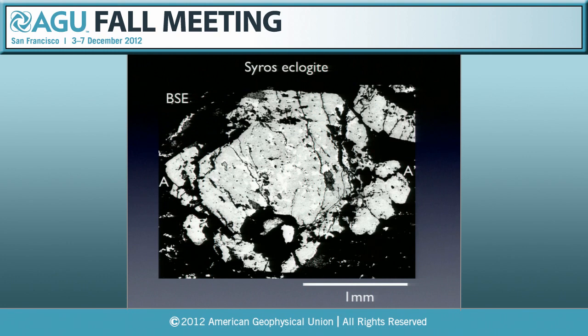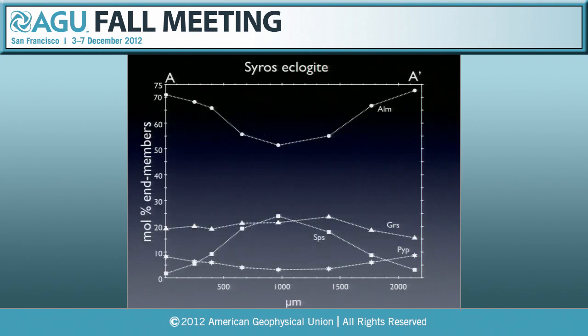So here's a backscattered electron image of one of these garnets. This is a pretty ratty looking one, I apologize. But it has some evidence of zoning in the form of inclusions with a core and a rim. Got to squint though. And then we move on to the traverse here, so this is cations. In this case, I'm showing core to rim traverses, and here we can see that it's a classic prograde manganese zoning profile.